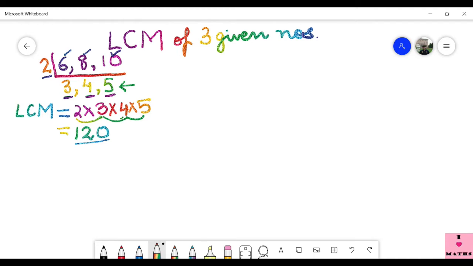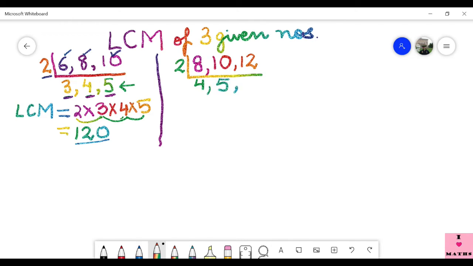Okay children, let us move further and find out the LCM of 8, 10 and 12. Let us put them in L. Now children, the prime number which will divide all these three numbers is 2. 2 4s are 8, 2 5s are 10, 2 6s are 12.